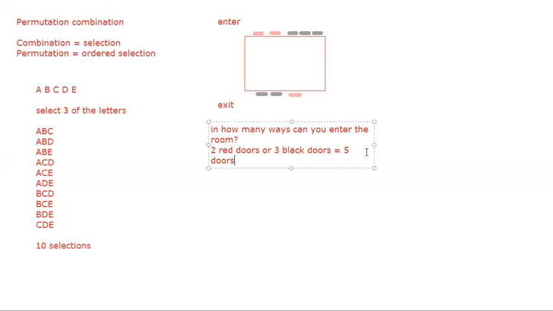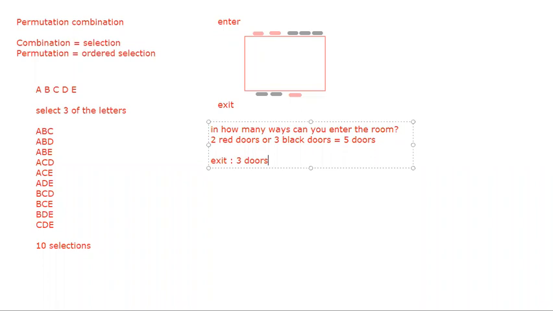Similarly, if I ask you in how many ways can you exit, you will say there are 3 doors by which you can exit. Now, if I ask you, in how many ways can you pass through the room?